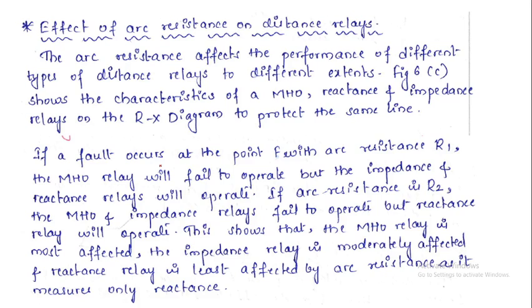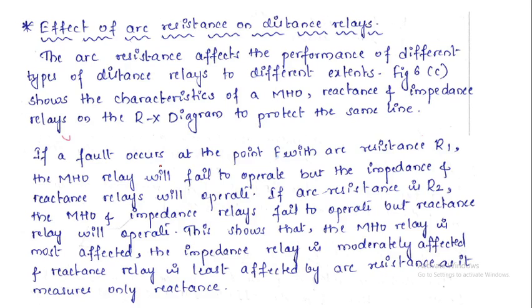Though those relays have the capacity of protecting the line up to a certain length, because of this arc resistance the protective zone length is reduced. Though they have the capacity of a larger length, because of the presence of the arc resistance the length of line protection is reduced, and that phenomenon is called underreach. The relays are acting as an underreach.